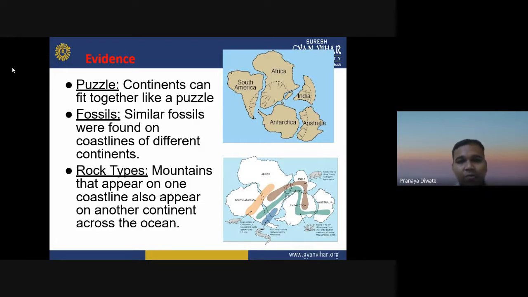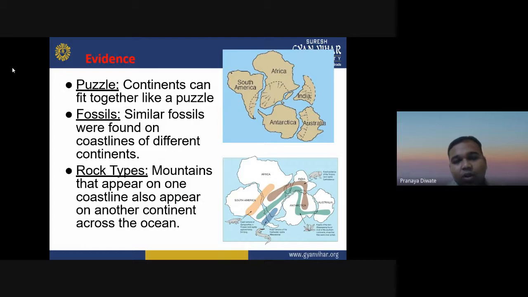Then you have fossil evidence. Similar fossils were found on the coastlines of different continents. That is your fossil part.